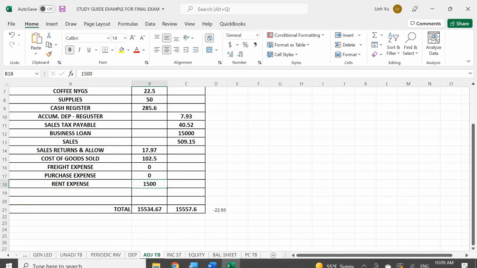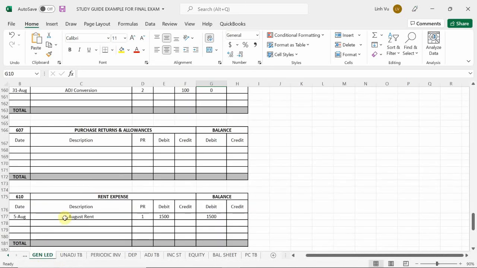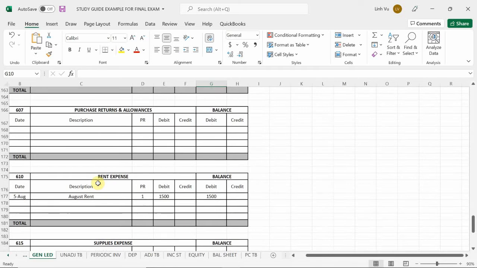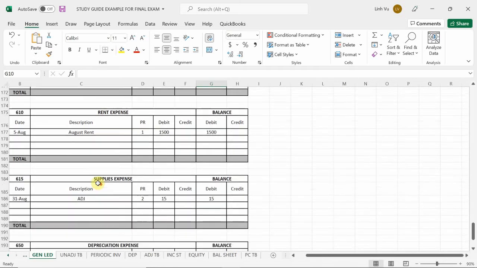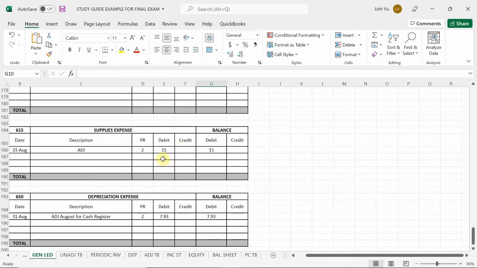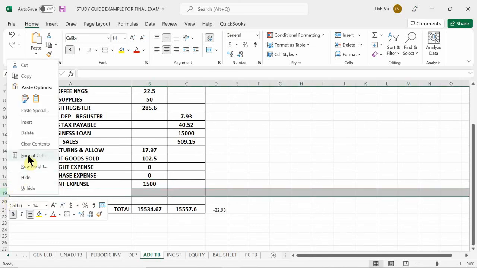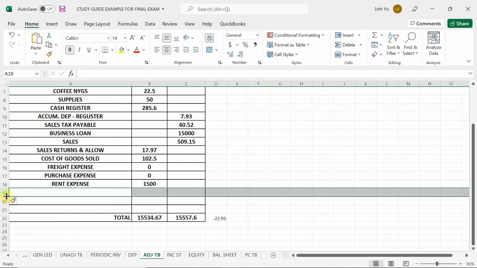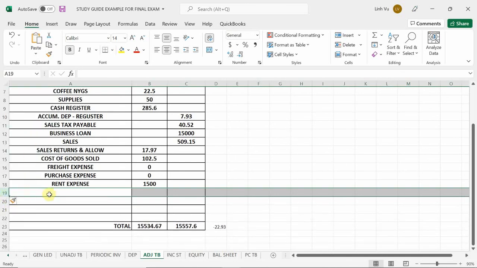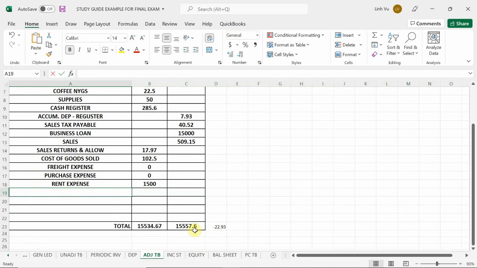And then we have rent expense at 1,500, supplies expense for 15. So we have to throw in supplies expense. Okay, so we got supplies expense for 15.